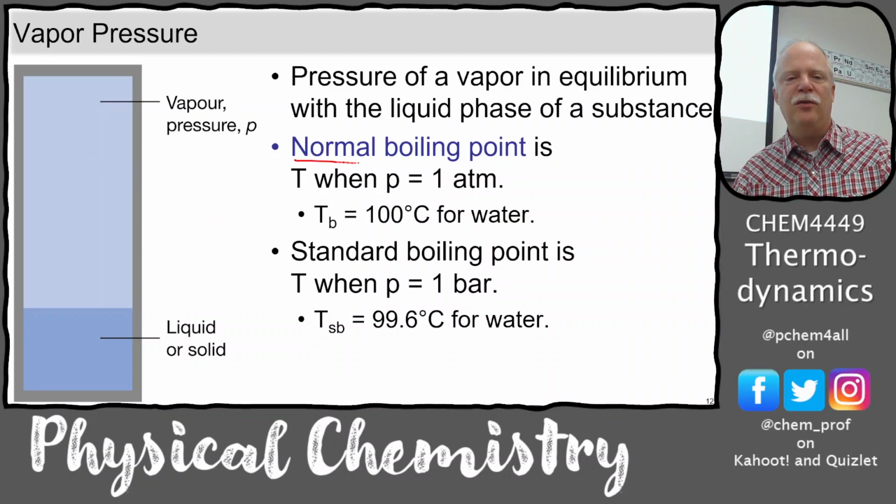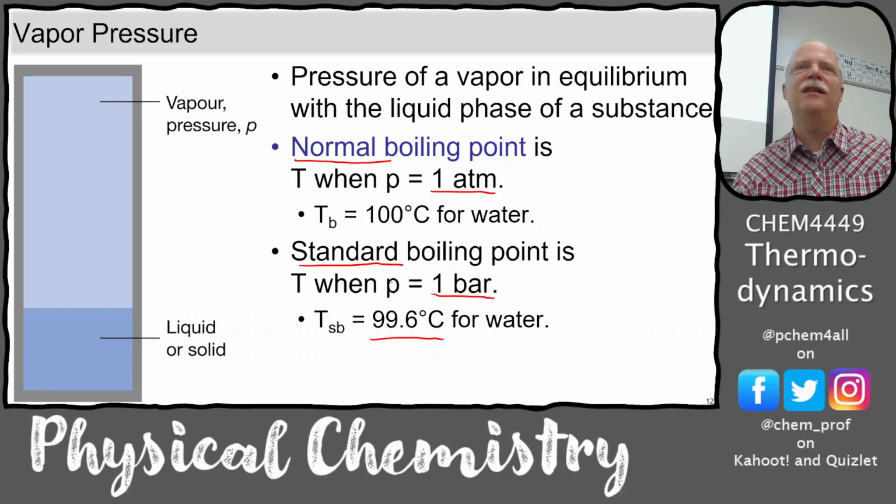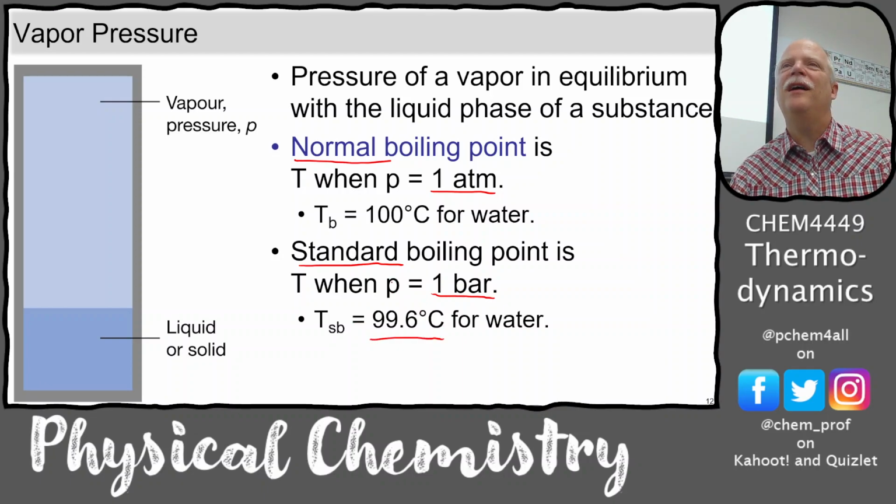Why do they have to screw with that and have a thing called a standard boiling point with 1 bar, and now it's no longer 100 C, it's 99.6 C? Doesn't that make you want to hit somebody? Everybody knows that water boils at 100 C, but they don't know if that's standard or normal.